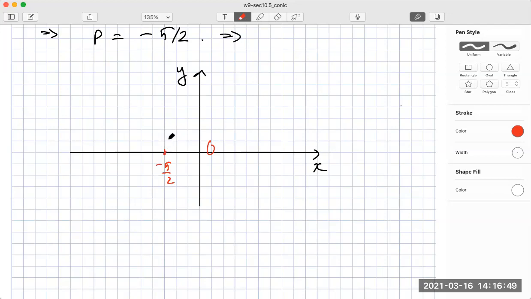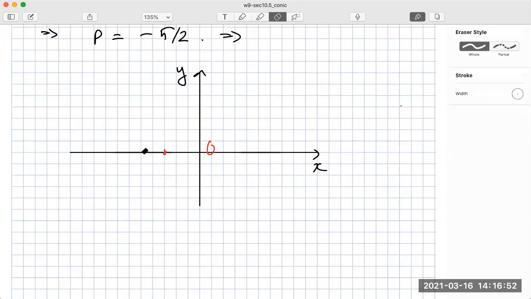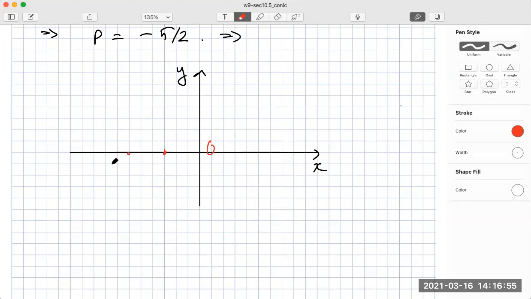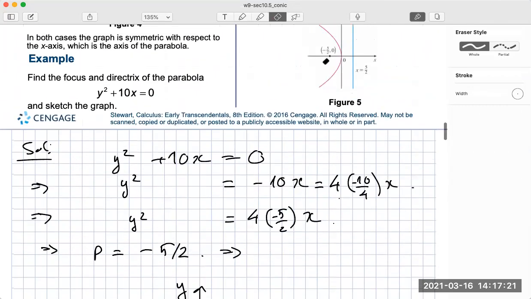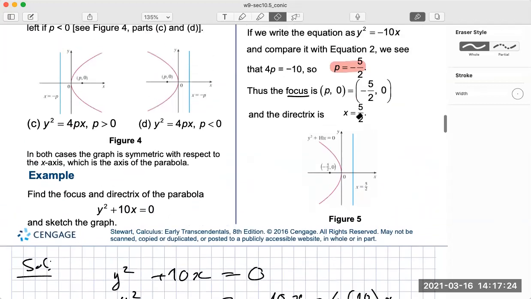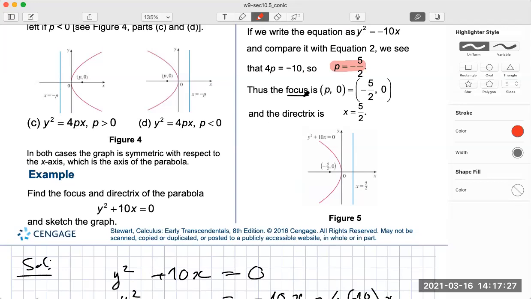So this is the point, and let us call it the point F. The focus is here, right? And negative. So the directrix will be... wait. We have the focus already, right? And the directrix is 5/2.